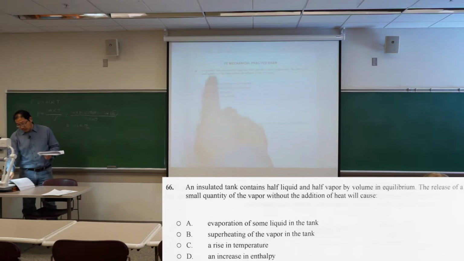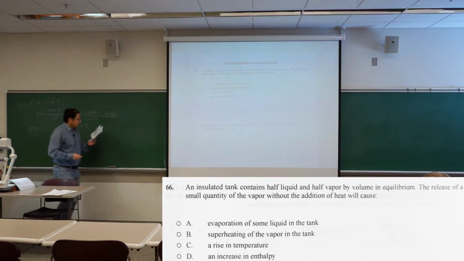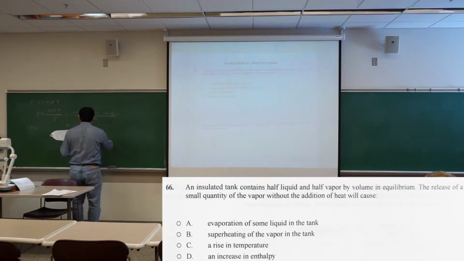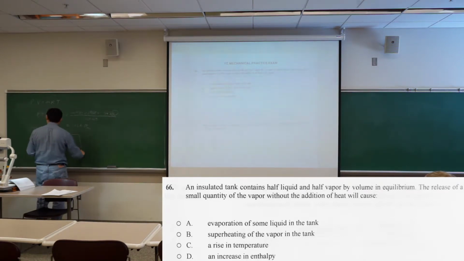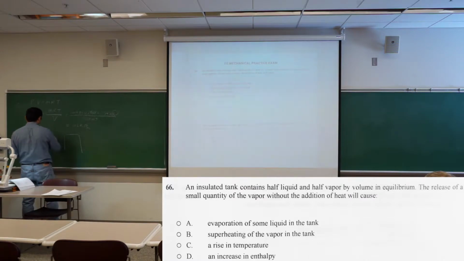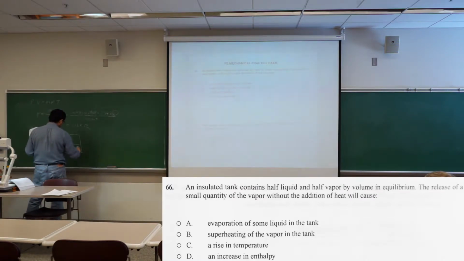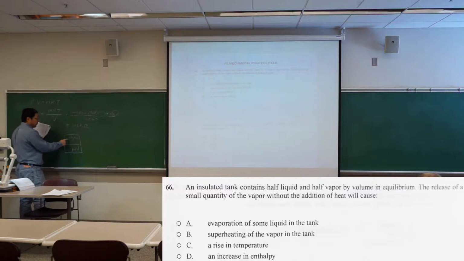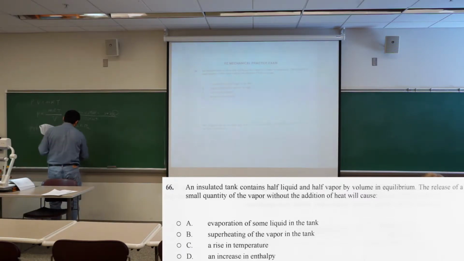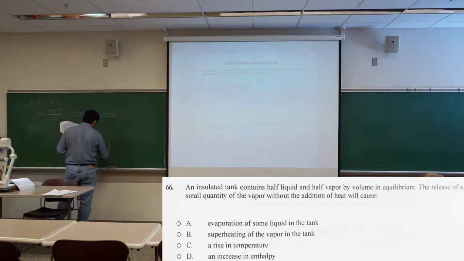You cannot add heat because they already said it's an insulated tank. So the idea is by volume, half is saturated liquid, half is saturated vapor, and then some saturated vapor is going to be released, a small amount of vapor. So basically, this is state 1, this is state 2.